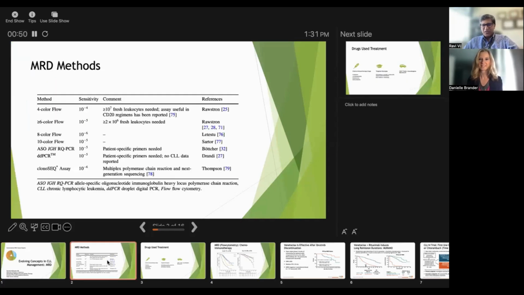So, Danielle, can you tell us before we launch into the role of MRD assessment today in management of CLL, how do we measure MRD? Absolutely. So in CLL, a couple of high level points I'll make. First, while MRD is becoming increasingly important within our trials and with certain patient circumstances, it's certainly not quite yet prime time, a standard of care for all.